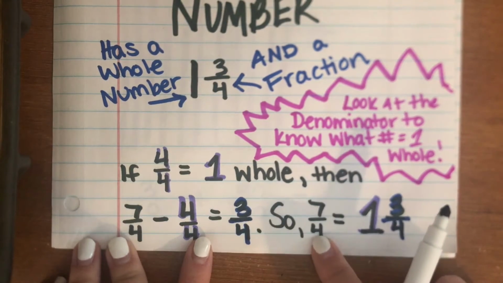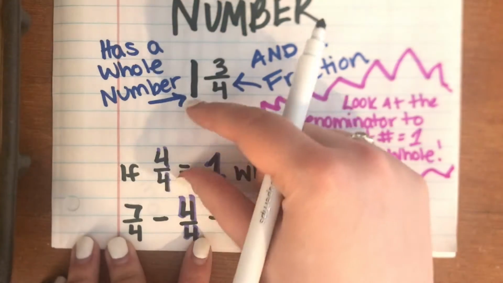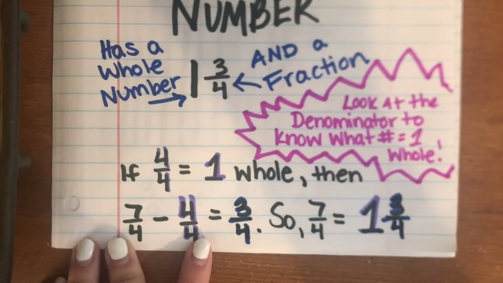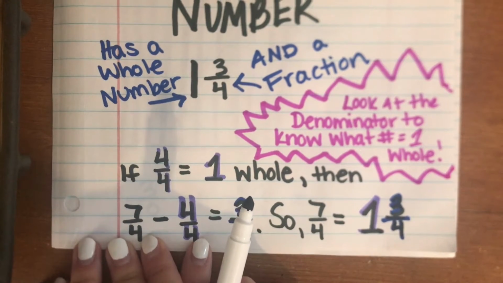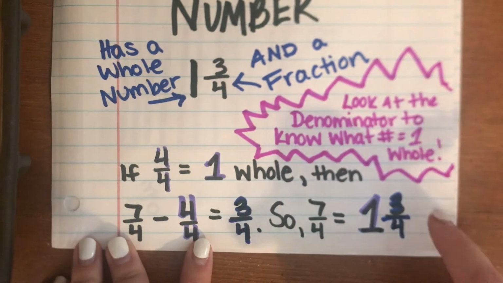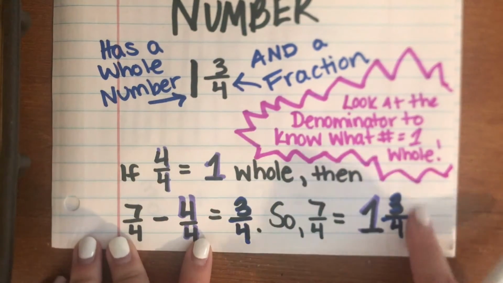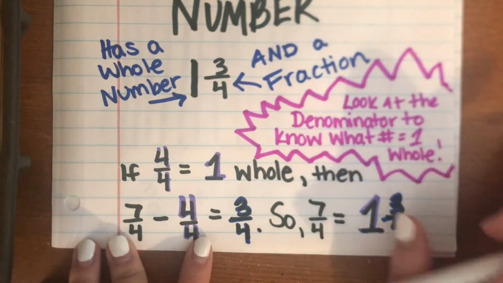So 7/4 is equal to one whole and 3/4. If we can pull a whole out of our original fraction and still be left with a fraction of 3/4, we have a mixed number. Sometimes it'll come out evenly and we'll just have a whole or two wholes or more.